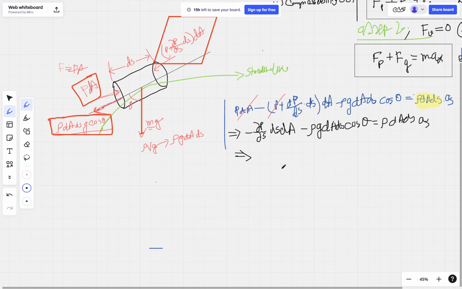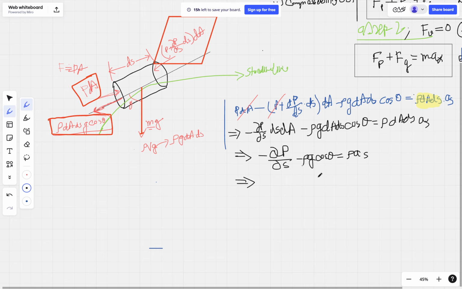Okay, so after further simplification we're gonna get del p by del s minus rho g cos theta equal to rho a_s. Okay, so we're gonna get this.